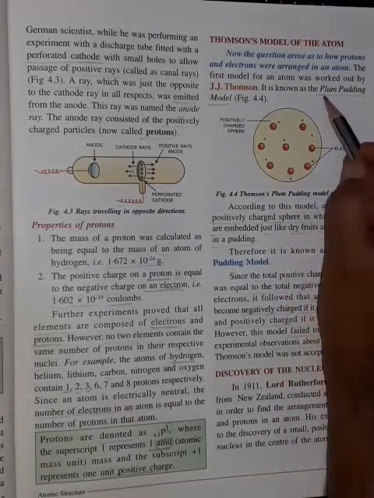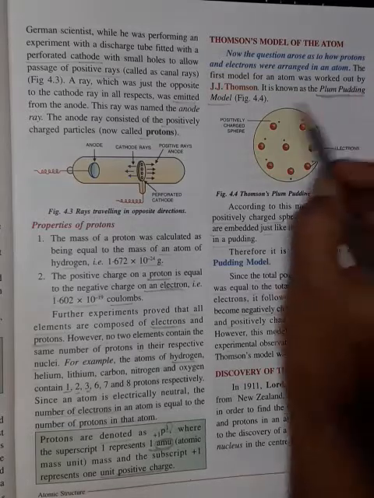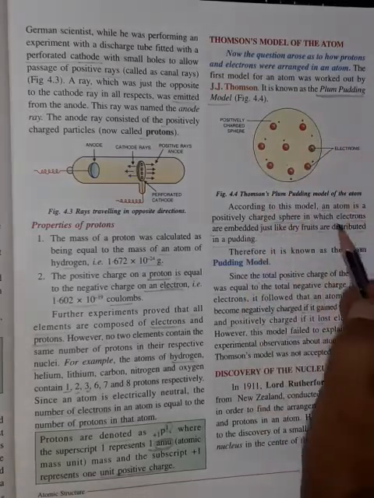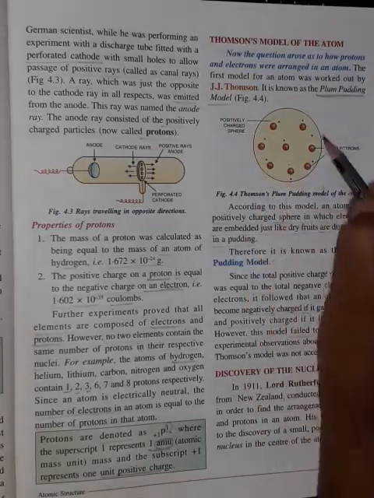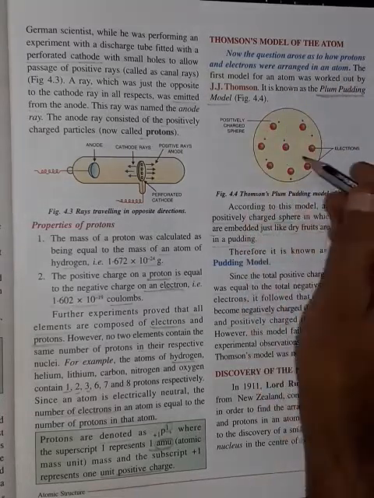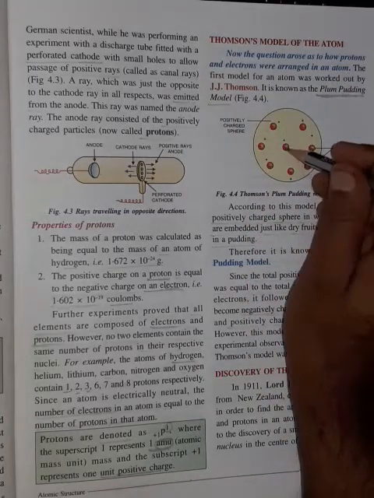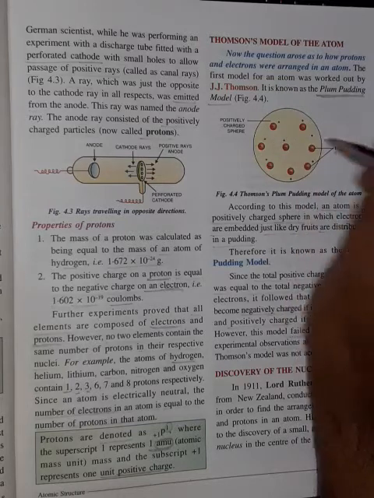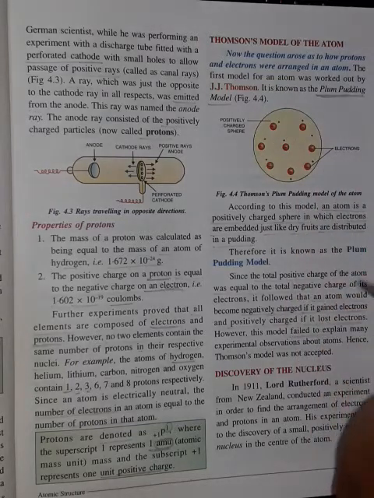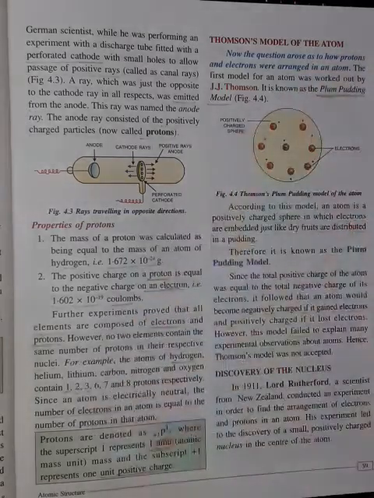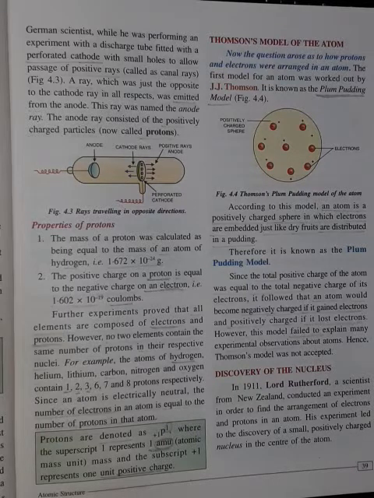It is very similar to a plum pudding. In plum pudding, the whole part is positively charged and different things are embedded into it, like the electrons. It is also similar to a watermelon. The whole red part is the positive charge and the black seeds are the electrons.